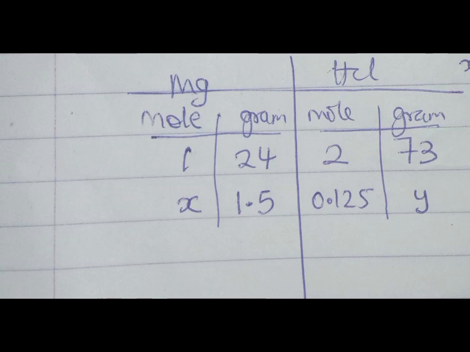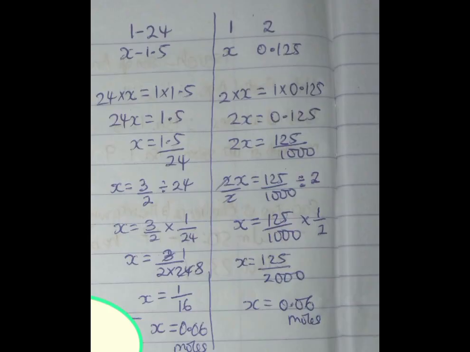This proves that we can take any part. I took 24, x and 1.5 and cross multiplied, then I took 2, x and 0.125 and cross multiplied. If you go back to the table, you see it's the same. I like solving it the long way, but you could easily use your calculator, and you'll find that we got the same amount of moles.